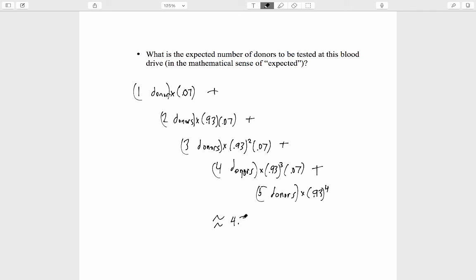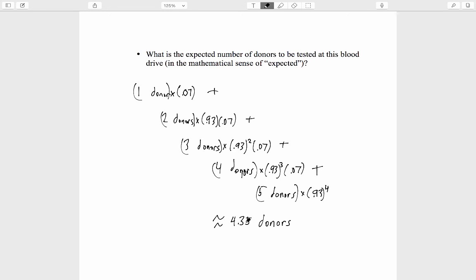We get approximately 4.35 donors. On average, this blood drive will last through 4.35 donors. Notice how close this number is to 5. What we've really done here is to take the numbers 1, 2, 3, 4, and 5, and weight each one by its probability. So we've taken a weighted average of the numbers 1, 2, 3, 4, and 5.